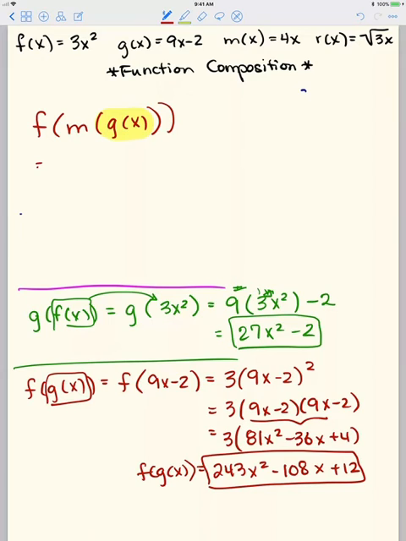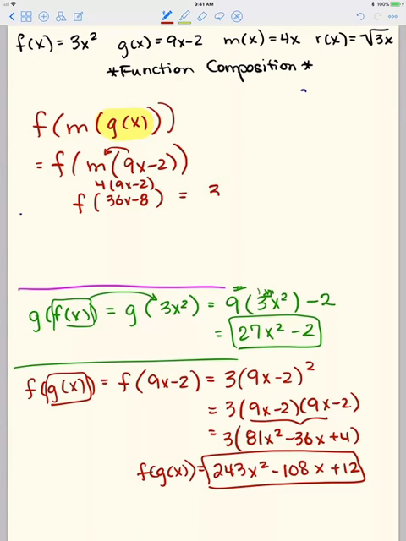So what that would look like is f of m at 9x minus 2. And if I plug 9x minus 2 into the m function, what that looks like is 4 times 9x minus 2, which is really 36x minus 8. And now I'm going to take that quantity and plug it into the f function. So that becomes 3 times 36x minus 8 quantity squared.